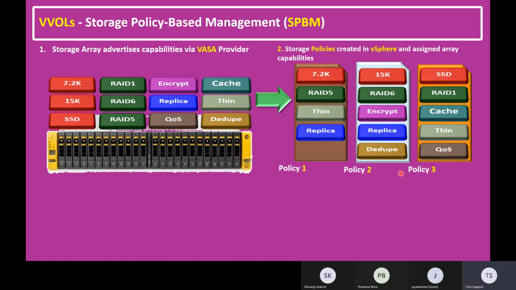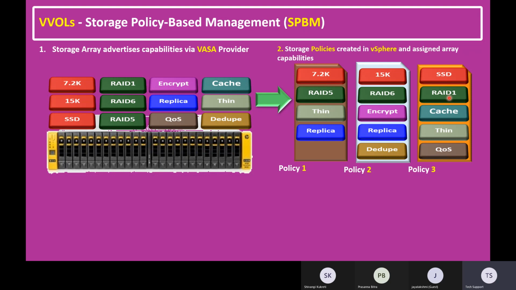So for our easy understanding, I created three policies here. Policy 1, policy 2, policy 3. Let's say policy 1 is bronze color, policy 2 is silver color, and policy 3 is gold color. Let's say normally gold means it's the costliest one, right? So in policy 3, if you see here, we are using a high-speed SSD disk, and RAID 1 means complete mirroring.